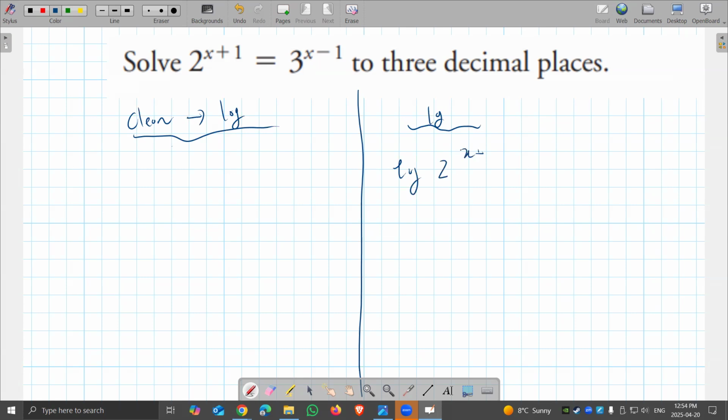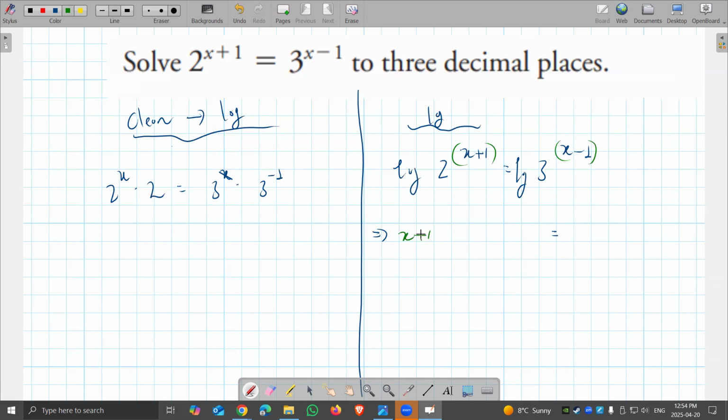2 power x plus 1 equals 3 power x minus 1, so we take the log of both sides. On this side, though, we're going to do what we did in the last question. We're going to split it apart. And you can be the judge of which method you prefer. When you do this method, you want to use the power rule.